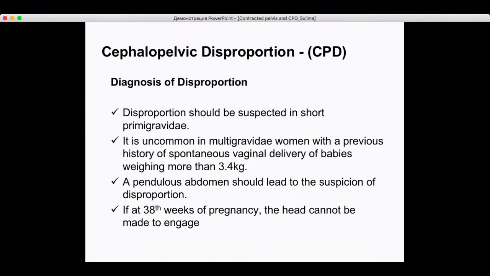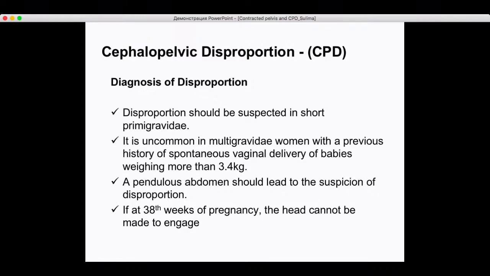How can we diagnose disproportion? Disproportion should be suspected in a short primigravida. It is uncommon in multigravida women with a previous history of spontaneous vaginal delivery of babies weighing more than 3.5 kilograms.